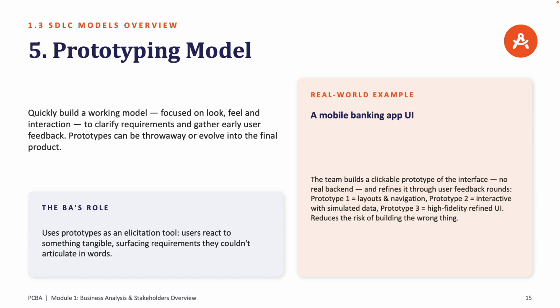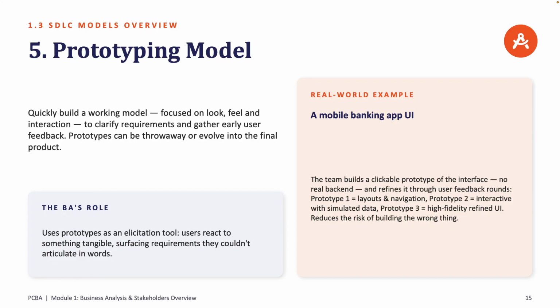So that is it. A very good example is a mobile banking app, which has a user interface. You notice that the team builds what we call a clickable prototype of the interface. So there is no real backend in that case, and you refine it through user feedback rounds. That's why I was talking about the websites of various companies and organizations, or maybe an e-commerce platform.